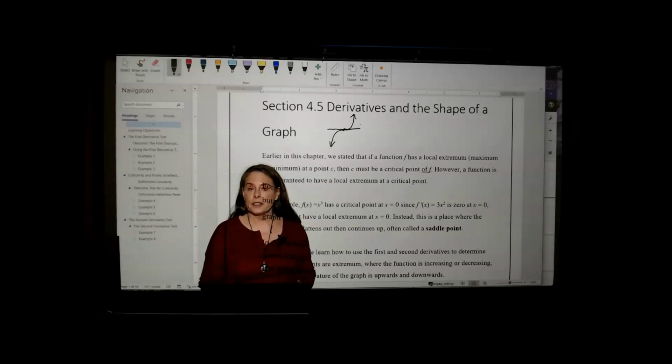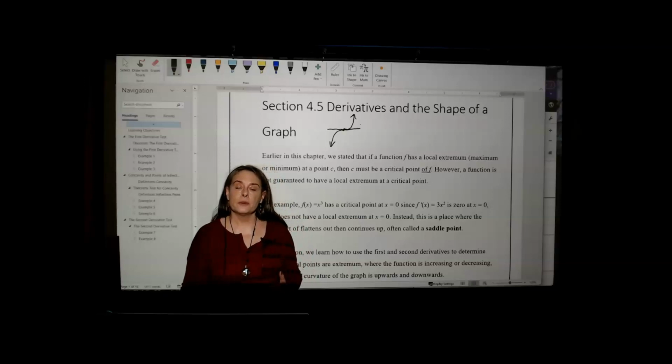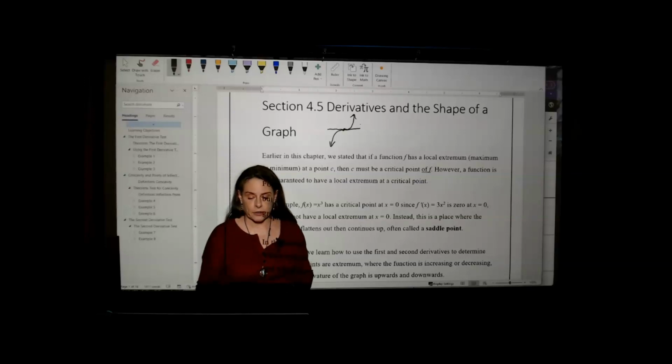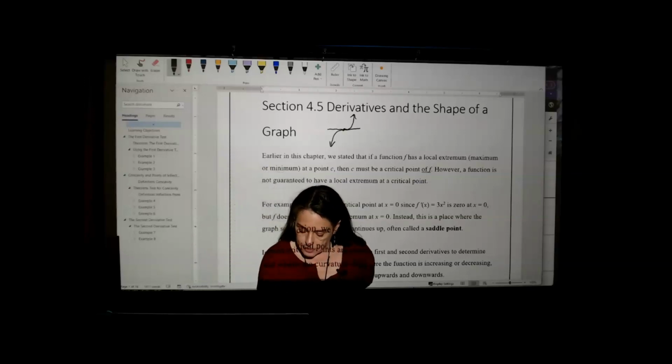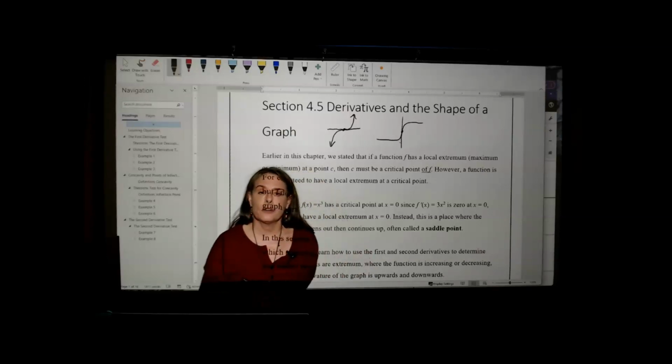There's another situation that we can have where the first derivative does not exist, but the function does. It does not correspond to an extremum value. This would be, for example, a point of vertical tangency. At one instant right here, the tangent line goes vertical.